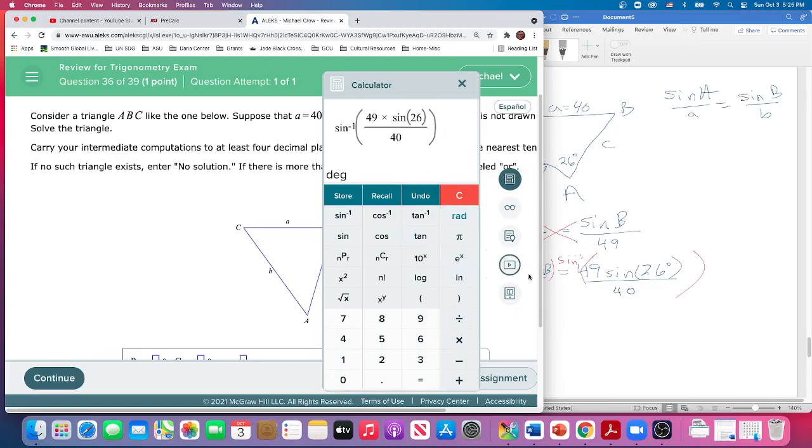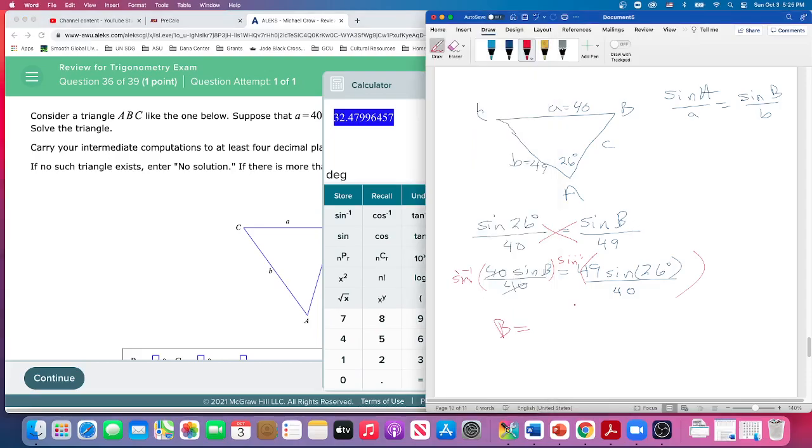So this should give us angle B, 32.47, and they said to go to at least 4 decimal places, so we'll say that B is equal to 32.4799. We won't round at all, because you actually don't want to round.